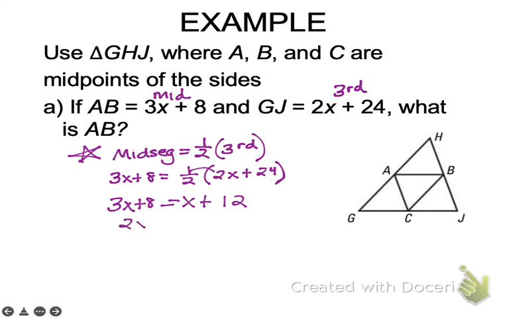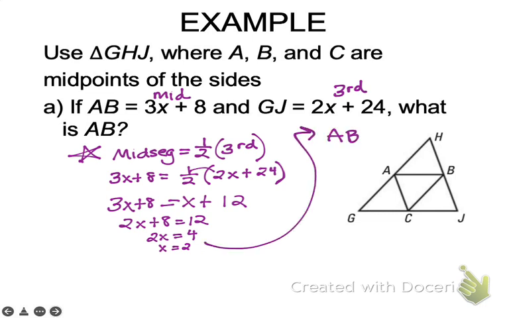Subtracting x from both sides gets us 2x plus 8 equals 12. Subtracting 8 from both sides gets us 2x is equal to 4. Dividing by 2 gets us x is equal to 2. Not done. What's the length of AB? Plugging that in. So AB is equal to 3 times 2 plus 8.